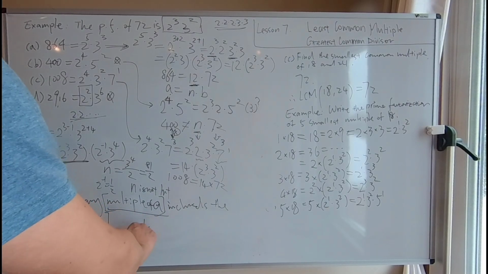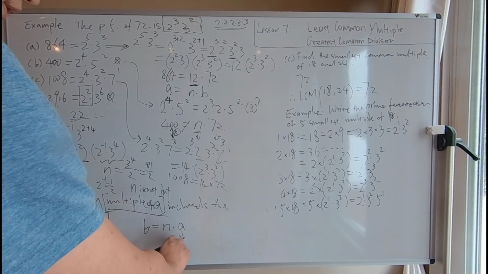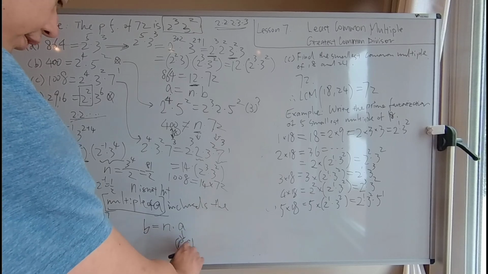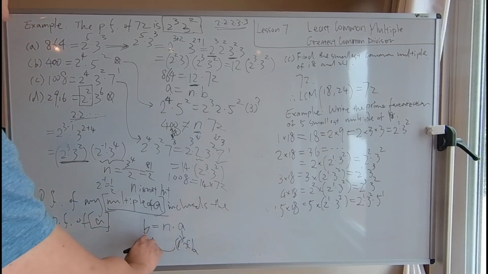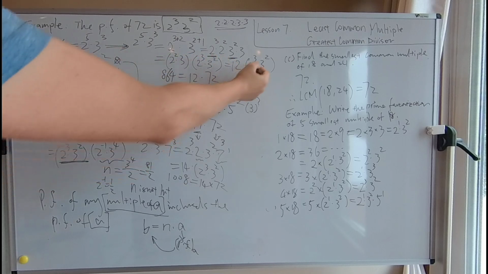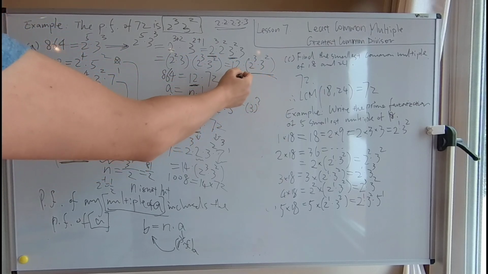I just showed b equals n times a. So all the prime factorization from a will be contained as part of the prime factorization in b. Right? We just saw that in this example. For example, this is contained, like you have further factors.